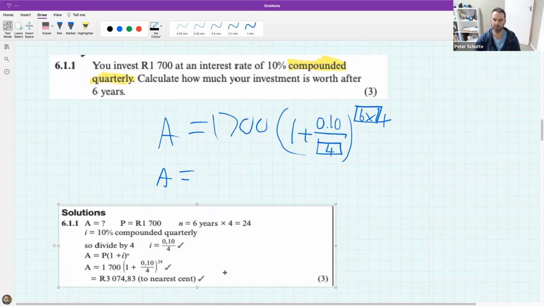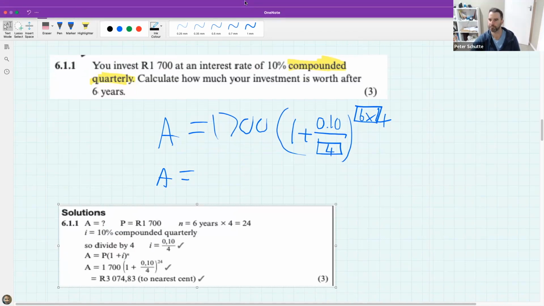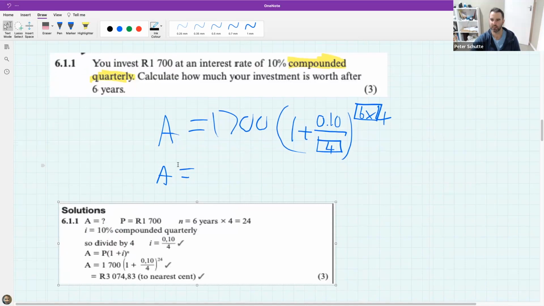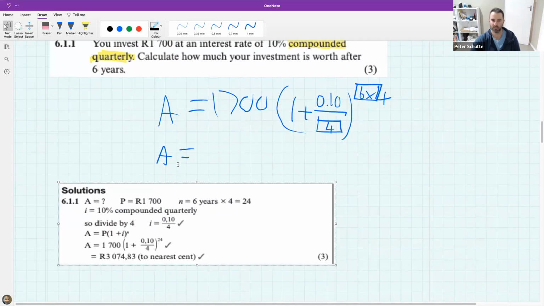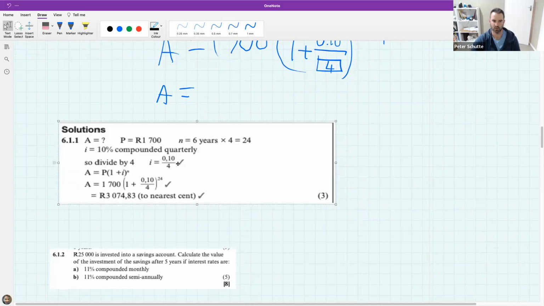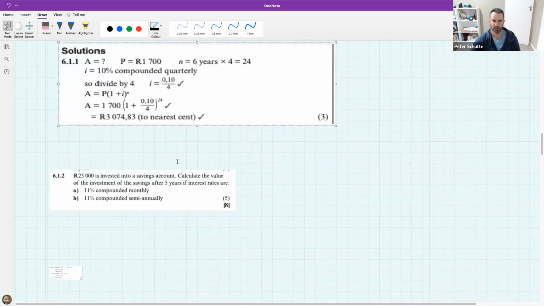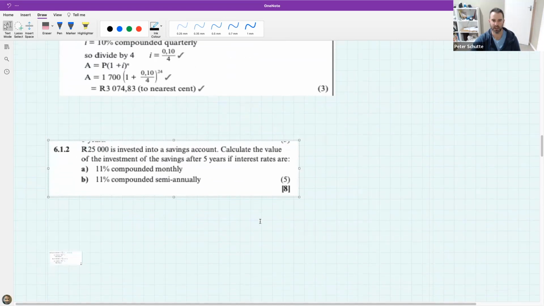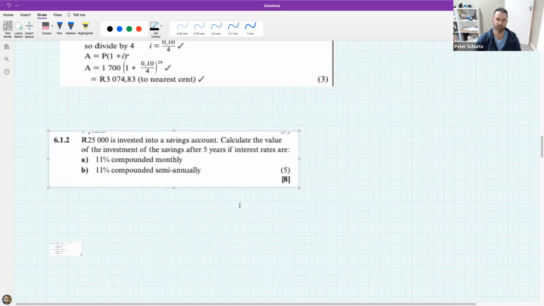Okay, so these questions are not actually that bad here. I think you're all comfortable with that. So let's just do these two. These are all sort of past exam type questions. So you're given 25,000 invested in a savings account.